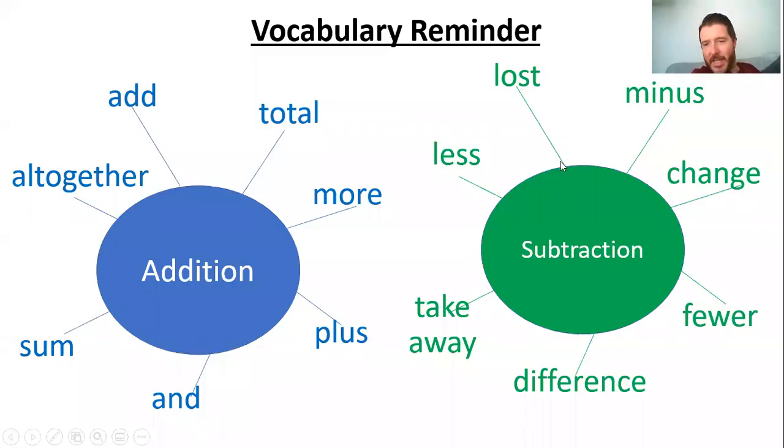So I've just changed that so it says subtraction just to make it clearer. So those are the phrases. So addition: more, plus, and, sum, all together, add, total. And for subtraction, the green part: minus, change, fewer, difference, take away, less, and lost. Okay?